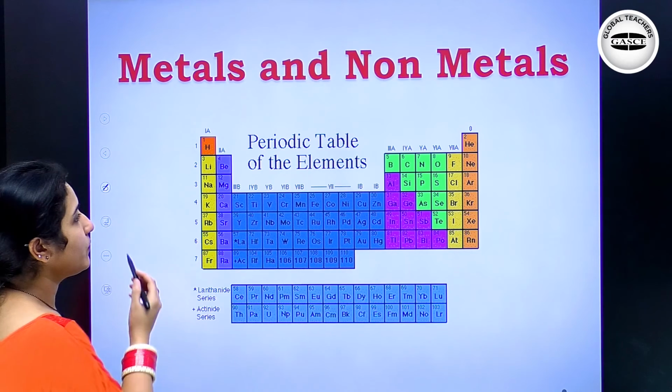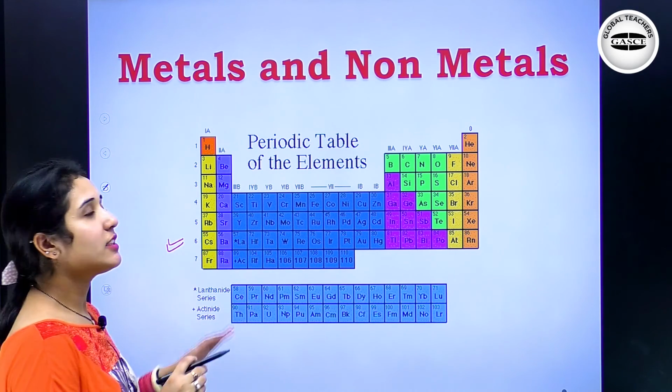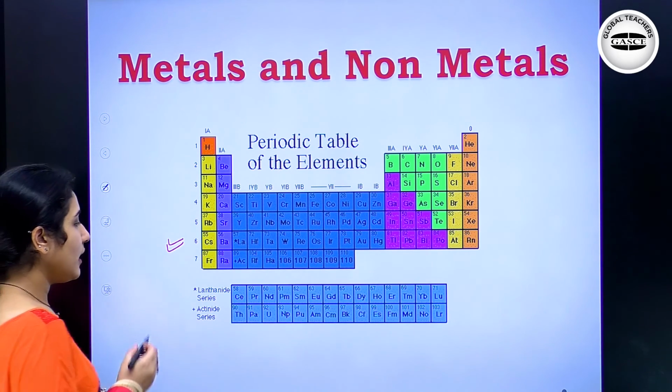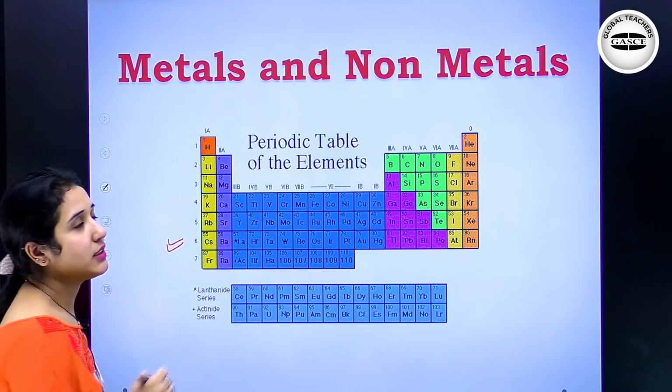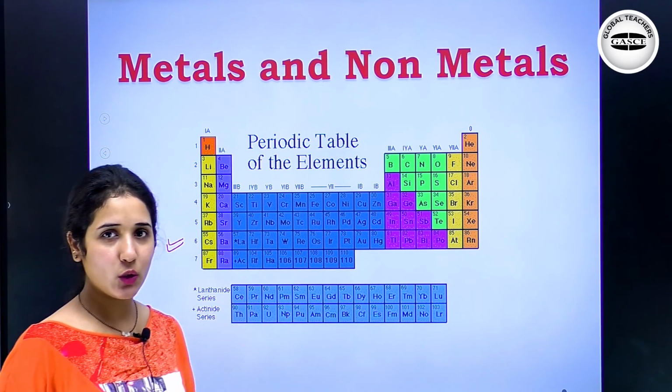So first of all, this is the periodic table that has been accepted, and this is known as the modern periodic table. Till now, this is the most accepted form among all the periodic tables that have been discovered over time.